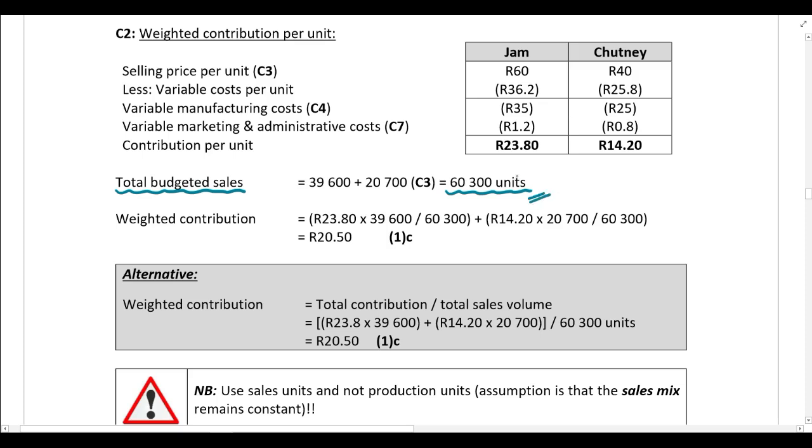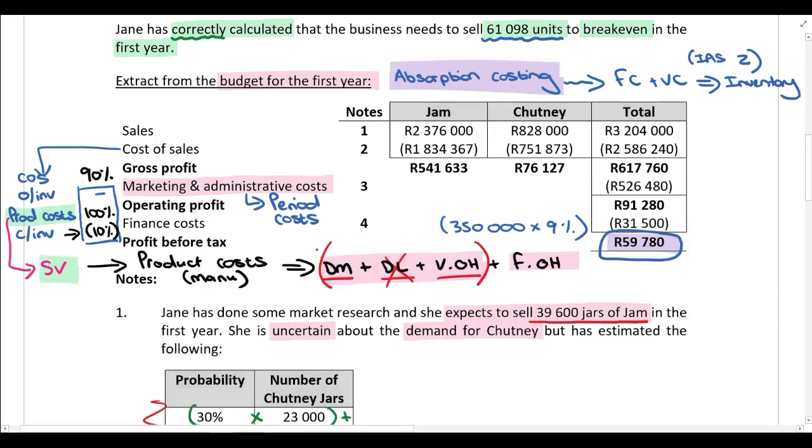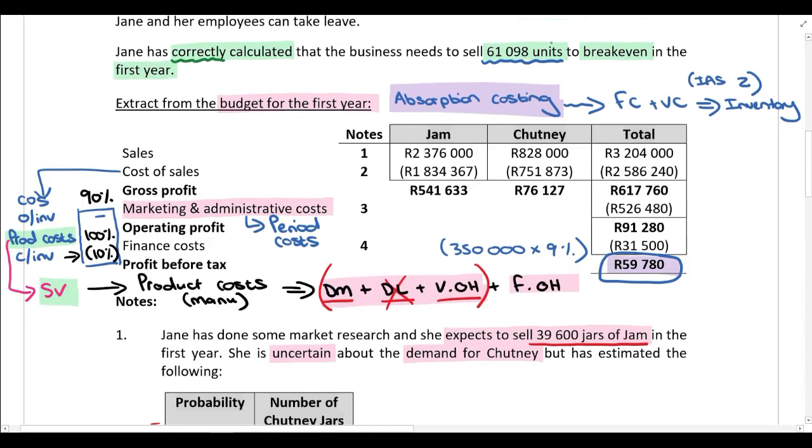Jane is budgeting to sell 60,300 units, and she's calculated that the break-even point is 61,098 units. So she's budgeting to sell less than the break-even point, which means she should make a loss. So how is it possible that she's forecasting a profit if she expects to sell less than the break-even point?